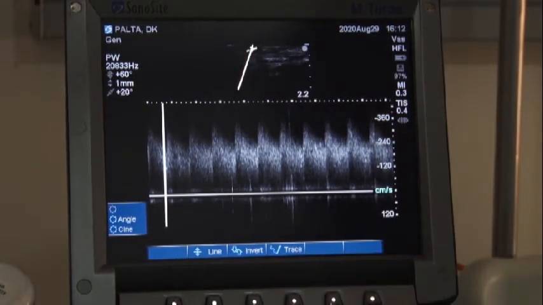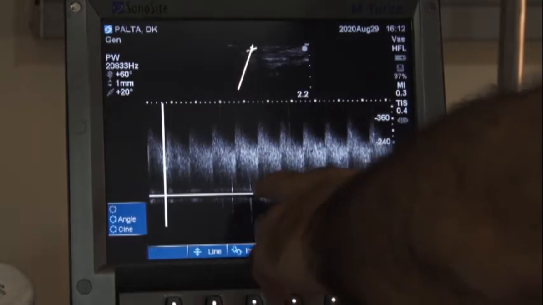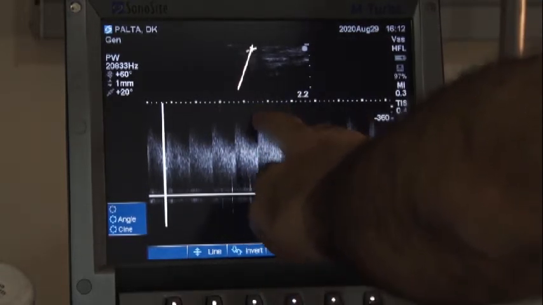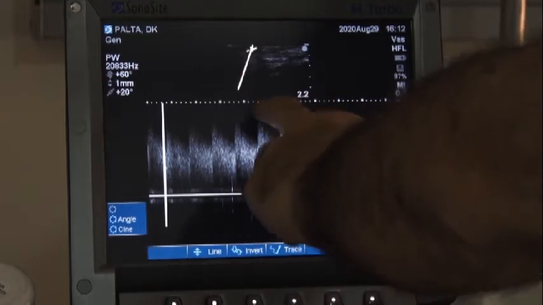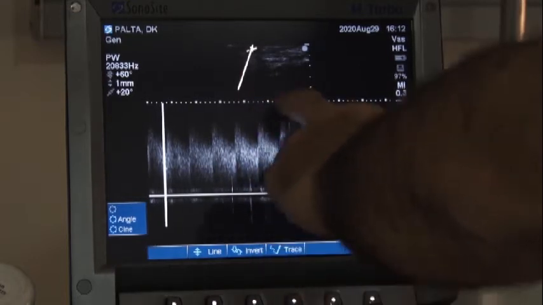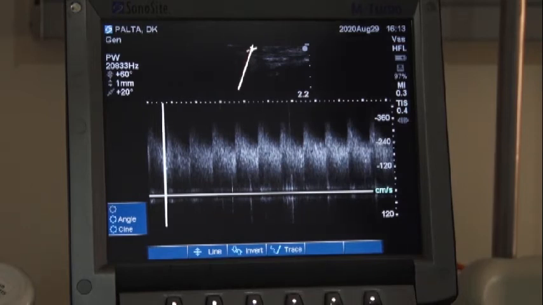The PSV is around 400, which is a significant PSV. So there's a broad complex. This is the systole. This is the broad diastole, followed again by the systole.